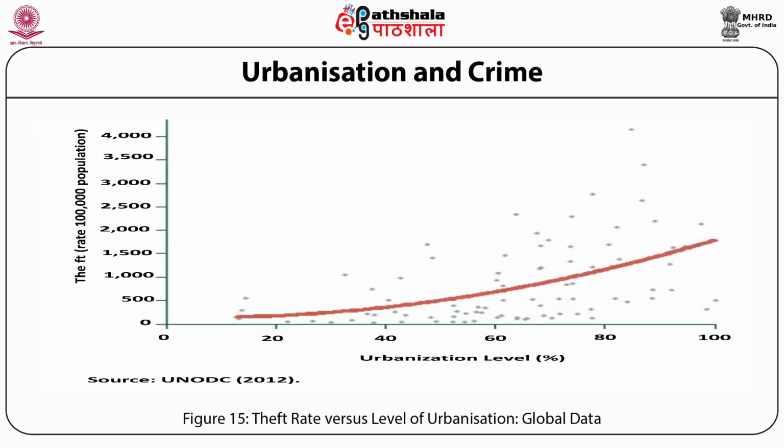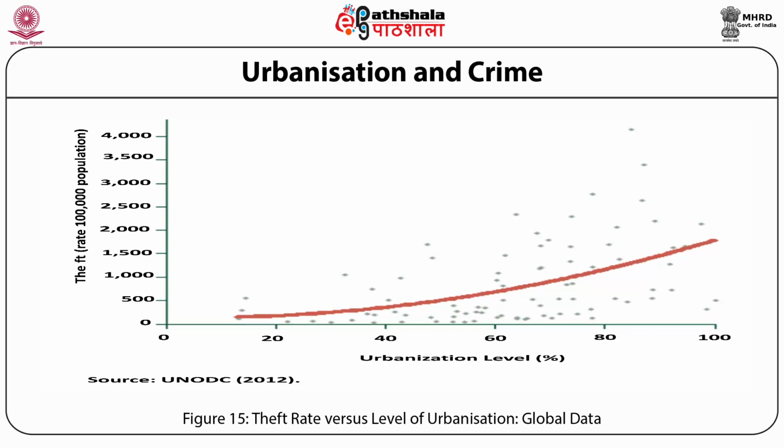Figure 15 clearly indicates that as the rate of urbanization increases in different countries, the number of thefts per lakh of population also increases. It is very low in areas where rural populations dominate, and as the level of urbanization increases, we can see that the curve showing the number of thefts per lakh of population rises sharply.